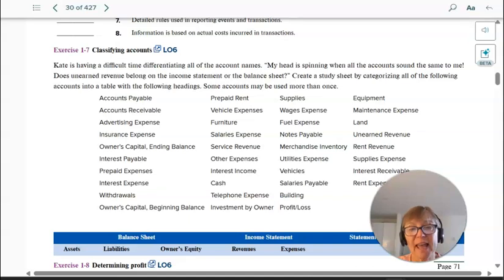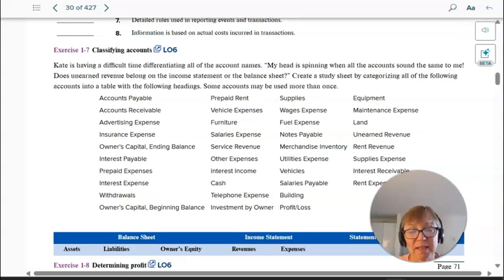Prepaid rent, again, prepaid, so therefore it's an asset, it's paid in advance. Vehicle expenses is an expense on our income statement. Furniture is an asset. Salaries expense is an expense. Service revenue is a revenue account, so therefore it's on our income statement.